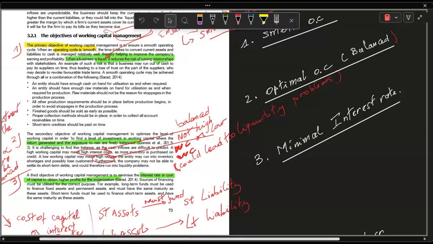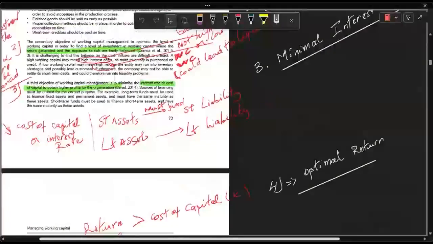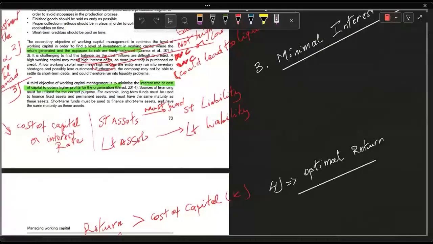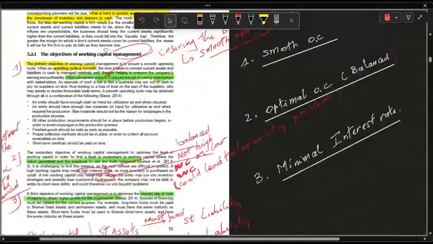So you need to look at an optimal where you don't take so many parts to build so many cars and people are not buying it and are not meeting the supply. Remember, supply and demand, that's your economics, right? Remember that? So there needs to be an optimal balance, right? Obviously, one very important thing is that you also need to minimize the interest rate.